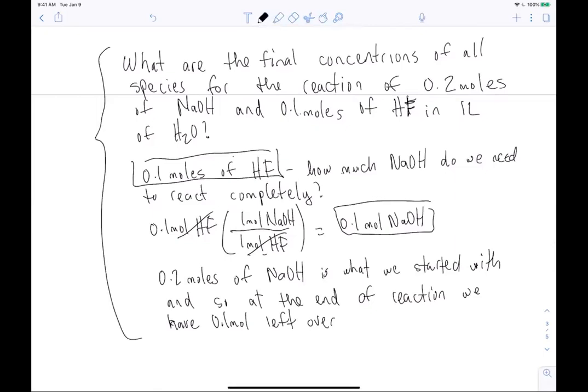This is if we were to phrase it like a limiting reagent problem, which is essentially what it is. This might be how you'd work that out in detail.